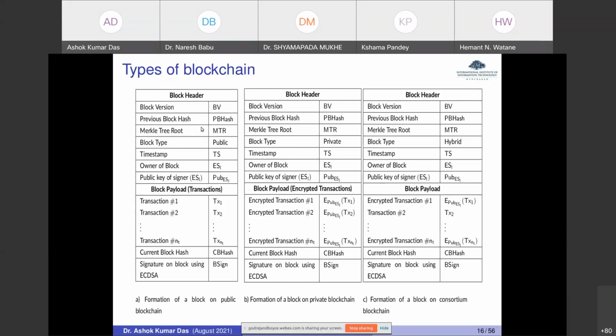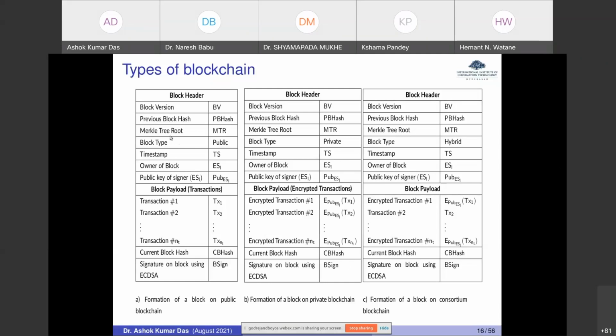As a result, if somebody tries to modify some transactions, because of the previous block hash and current hash value, the attacker needs to also change the previous block. That means all the previous blocks need to be changed, and also the future blocks' hash values need to be changed. That is not possible. Then the Merkle root is there.